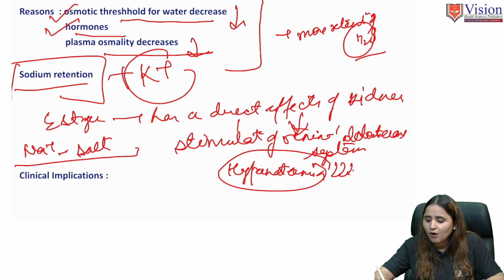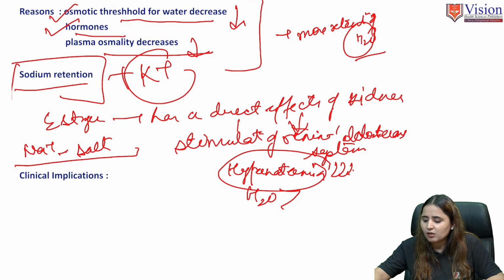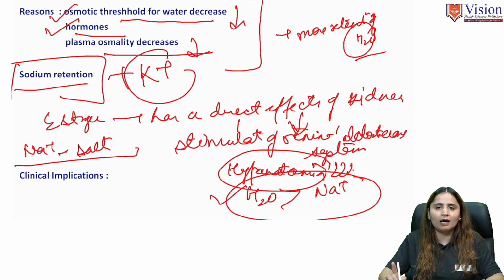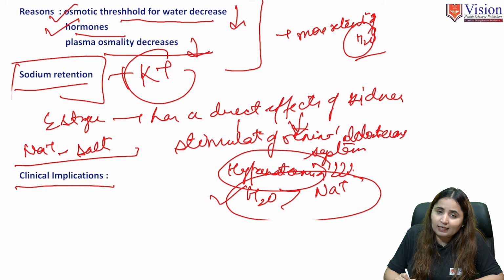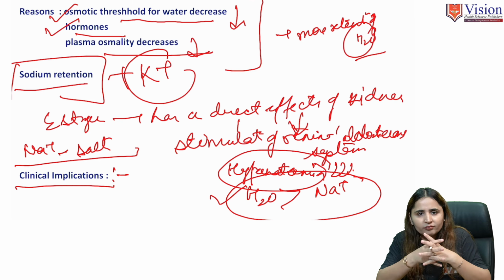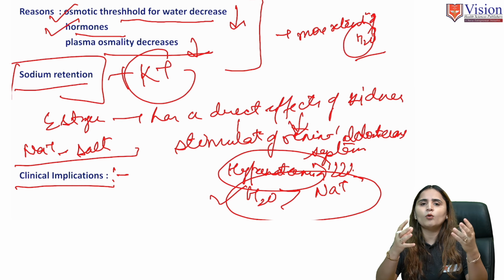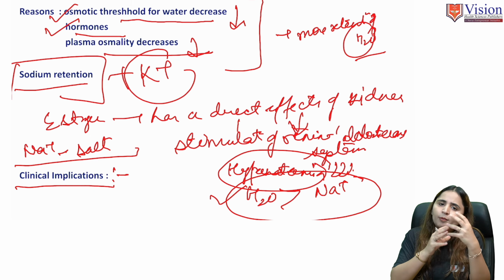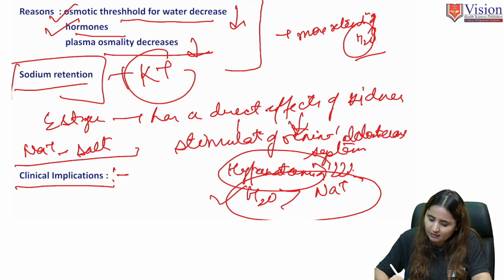No, because water retention is more than sodium retention, so there is no hypernatremia. One clinical implication is that there is peripheral pooling of blood, more water retention, and also hypoproteinemia. All these factors lead to the physiological edema of pregnancy.